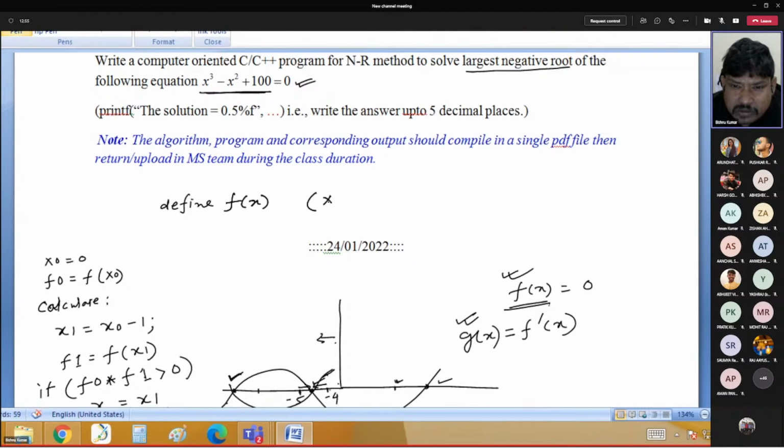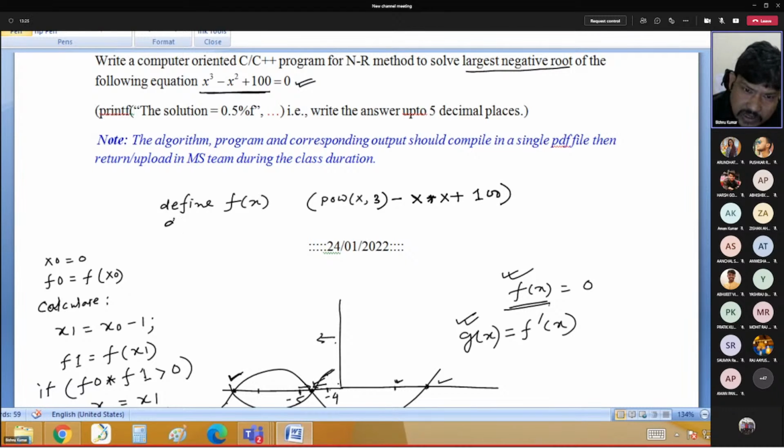Suppose x. How will you define x cube? pow(x,3) minus x square, which means x*x, plus 100.